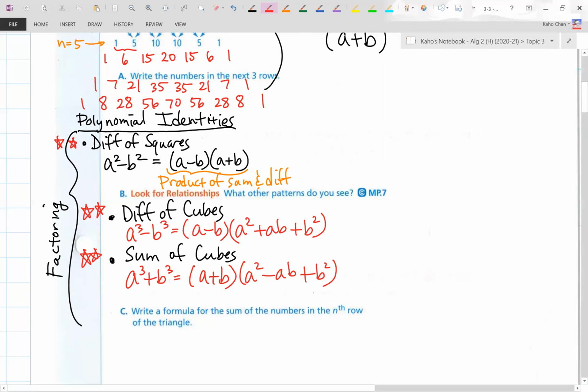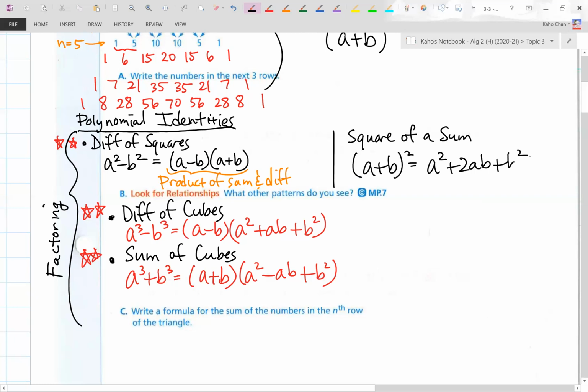All right. One other thing that I want to bring up that we'll be using soon, it's called the square of a sum. If we take a binomial and square it, we'll get a squared plus 2ab plus b squared.